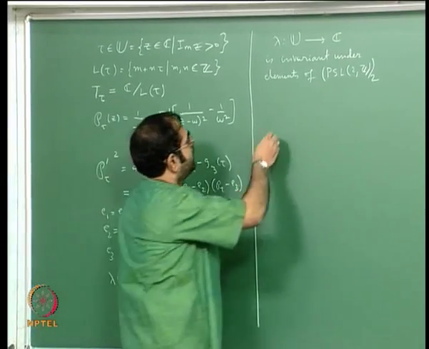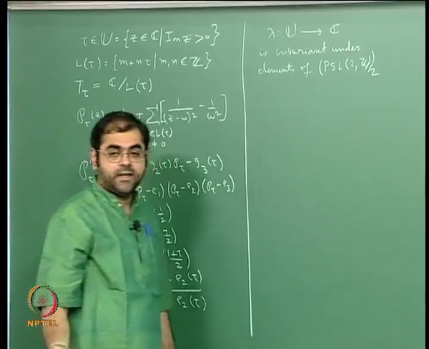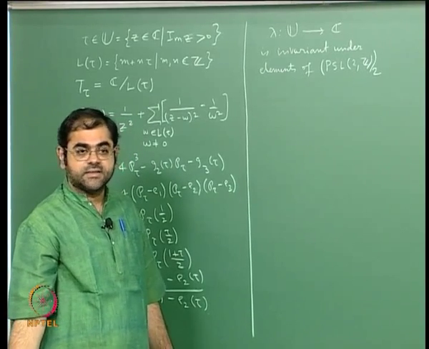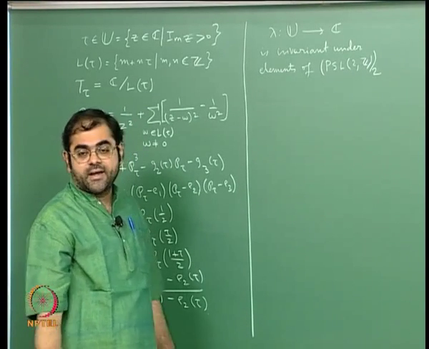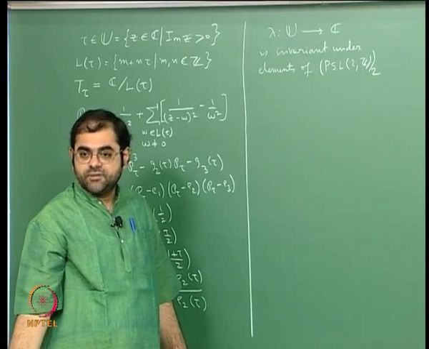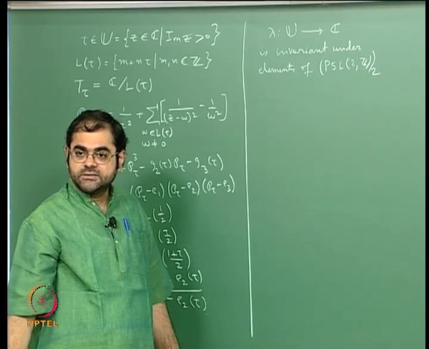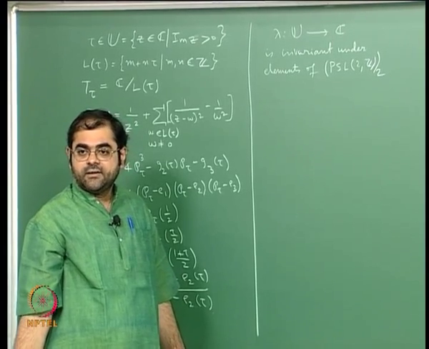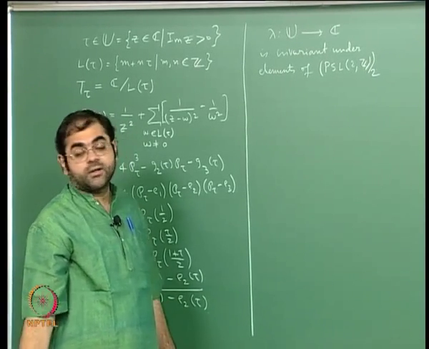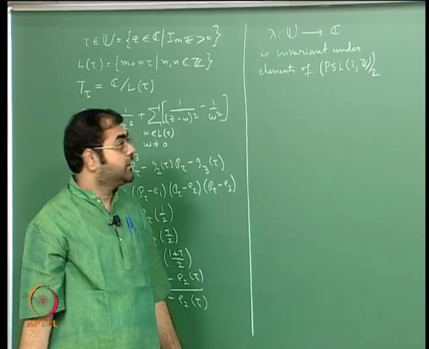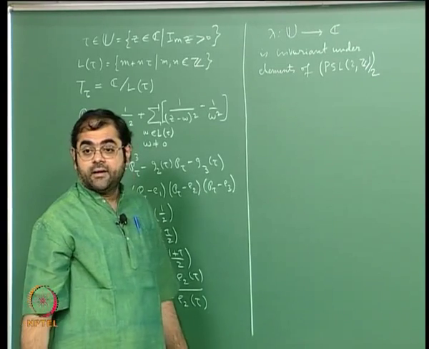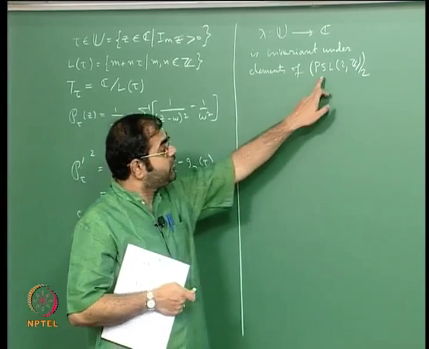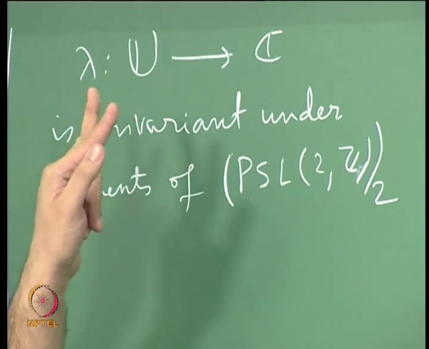In fact the aim of this lecture is to show that lambda satisfies certain functional equations, and these functional equations tell you exactly how you can compute the effect of any element of the full unimodular group on lambda.